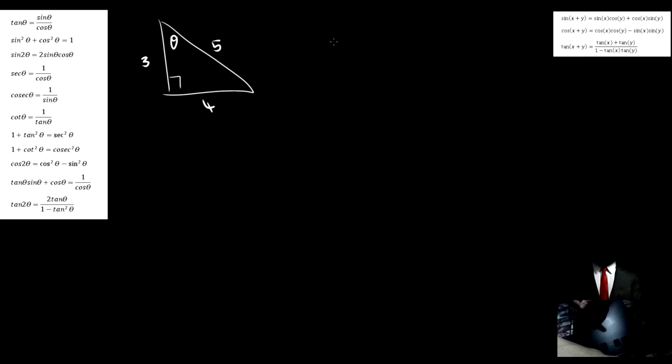Well, in order to prove all these identities for the purpose of this video, we're going to assign sine of theta. Sine we know is opposite over hypotenuse. So in this case, I can find my opposite by looking at this 4. That's opposite theta. So we can then say, well, sine is going to be 4 over 5.